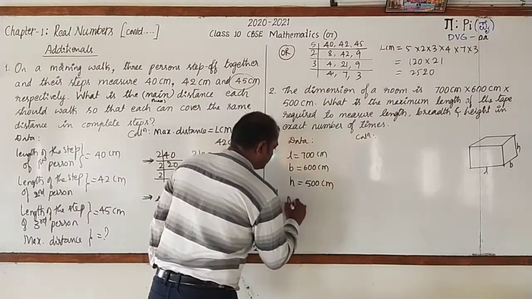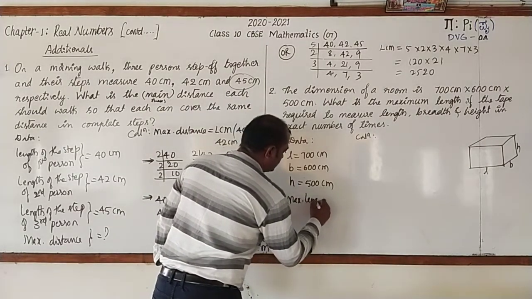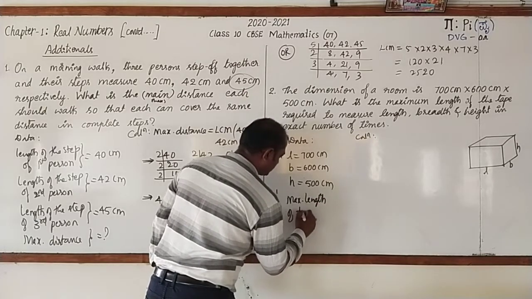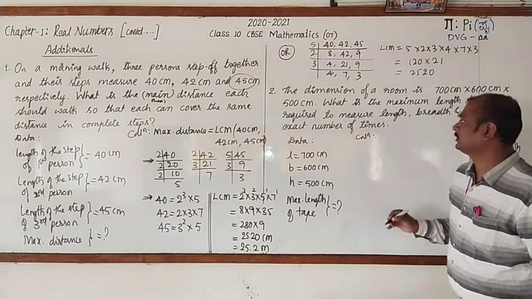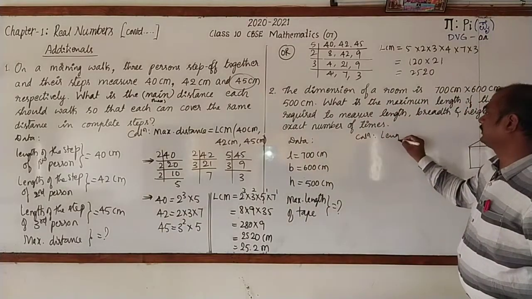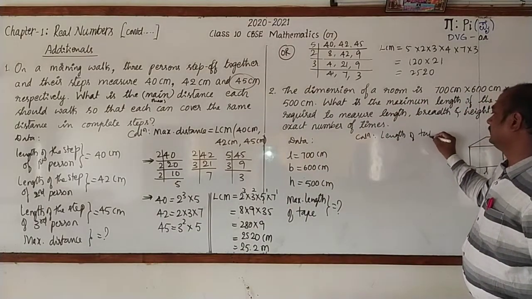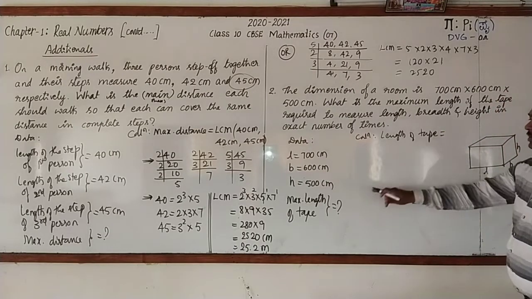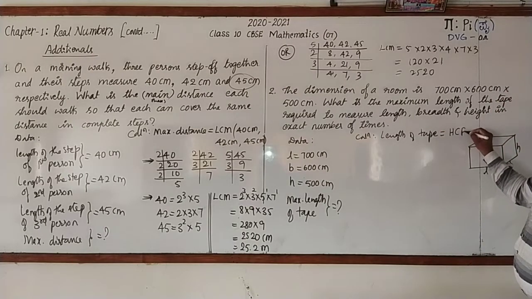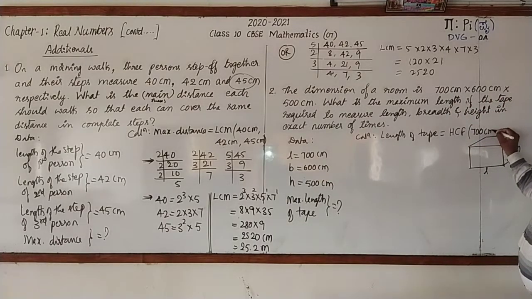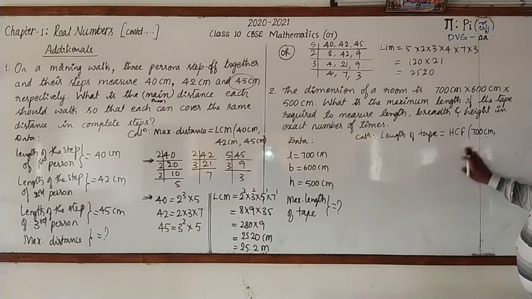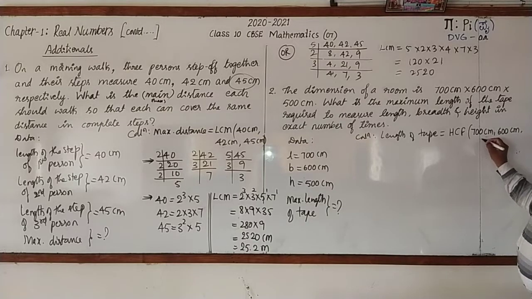Okay. Here I'll write: maximum length of tape is equal to question mark. Length of tape is equal to HCF of those numbers. What are they? 700 centimeter, then 600 centimeter and 500 centimeter.